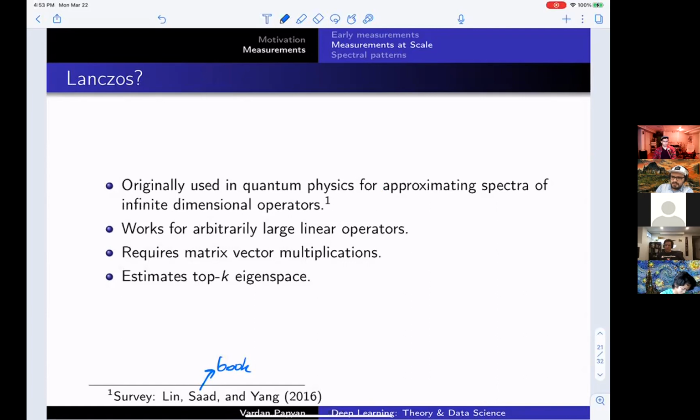And essentially Lanczos is part of a wide family of methods which are called Krylov. Hopefully I'm not misspelling Krylov. How does one spell Krylov? Yeah, I did spell it correctly. So Krylov methods, which is a family of methods in numerical analysis, okay?